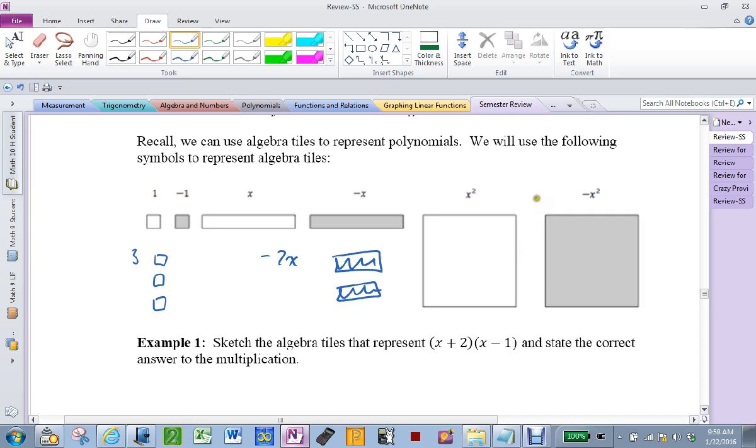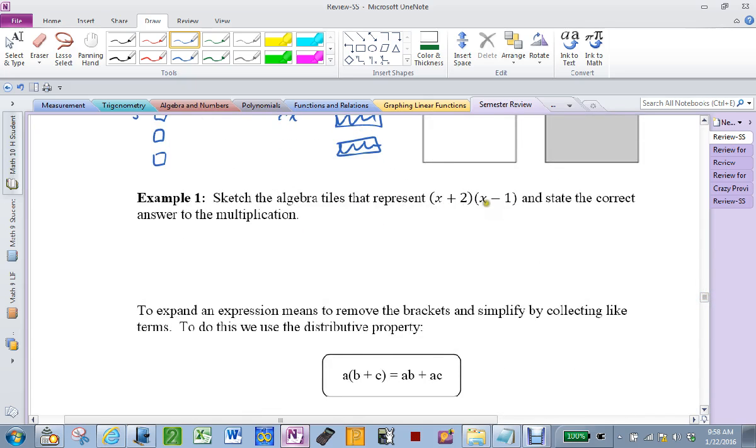If I got 1x squared, I got to have 1 big white box. Okay? That's it. You guys already know how to do that. You're going to do FOIL. Hopefully the smarter ones of you that remember it are going to do the shortcut. 2 minus 1, 2 times negative 1. But of course, the question is asking you to sketch the algebra tiles.